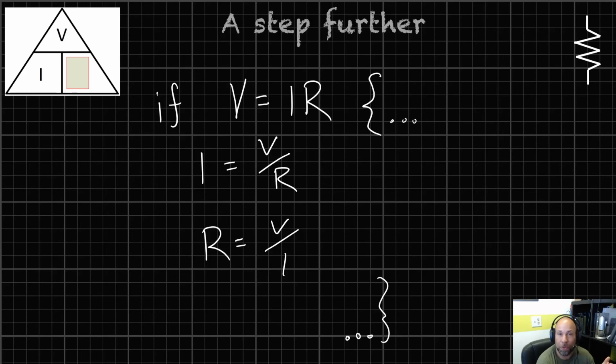Resistance is equal to voltage over current. So you don't need to know all of the variants of this. If you have this either VIR memorized, or you can picture this pyramid or this triangle in your head, you're going to do fine with any of the equations that you get faced with.